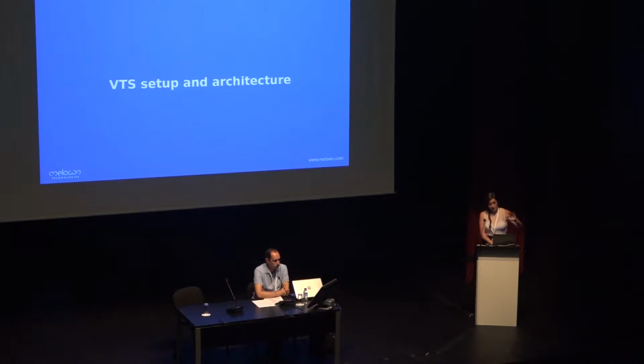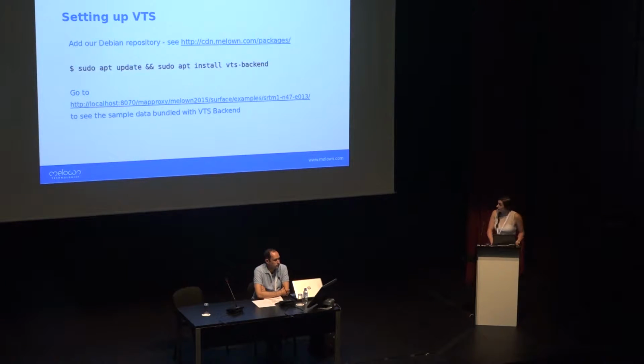So we've heard where 2D is not enough, where 3D is a better solution, and where offline 3D is necessary. We heard that the VTS is a solution for this problem, and now it's time to say how to get the VTS, how to set it up, and how to use it, which I will show you in the demo. VTS is available as a single-package Debian repository, and the only thing you need is to add the Debian repository.